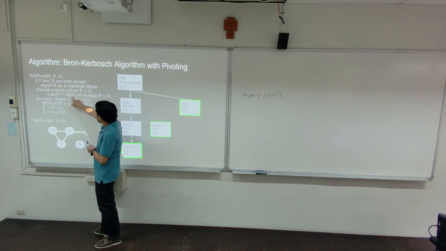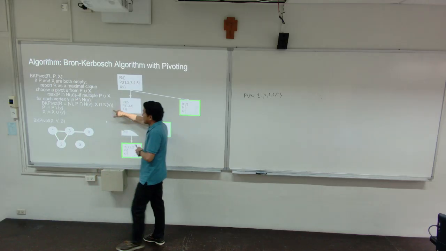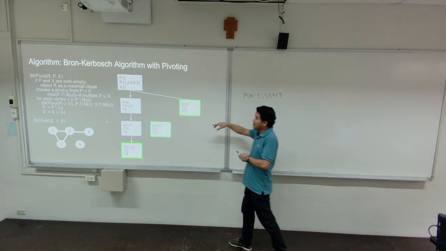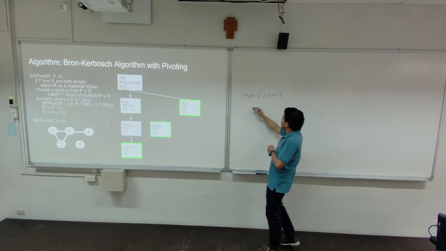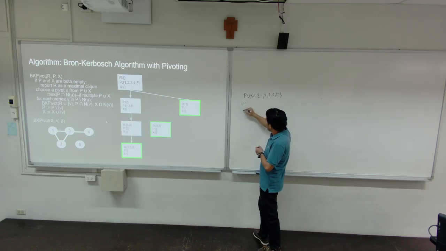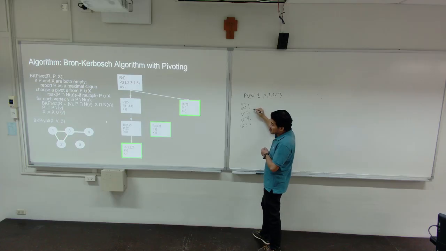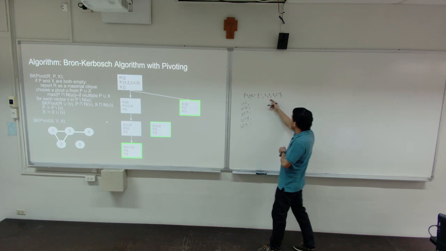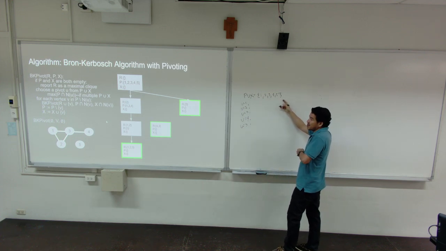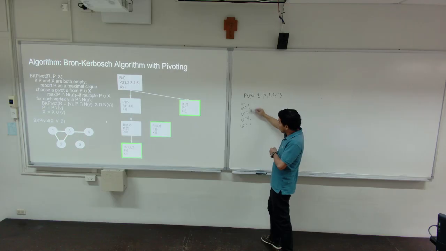And then you're going to substitute that and get P intersection of neighbors of u. So for u equals to 1, 2, 3, 4, and 5, you're going to intersect the value of P, which is 1, 2, 3, 4, 5, with the neighbor of each u.